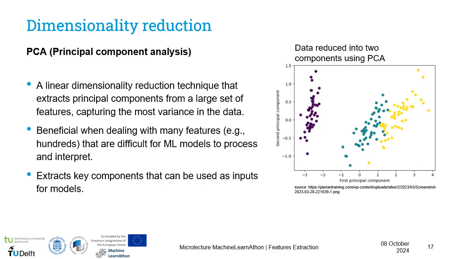And the key method is PCA, called principal component analysis. On the picture on the right, we can see example of two components. First component is on x-axis and second component on the y-axis. And we can see that based on those two components, we can separate data into clusters, which can be very useful for classification modeling.